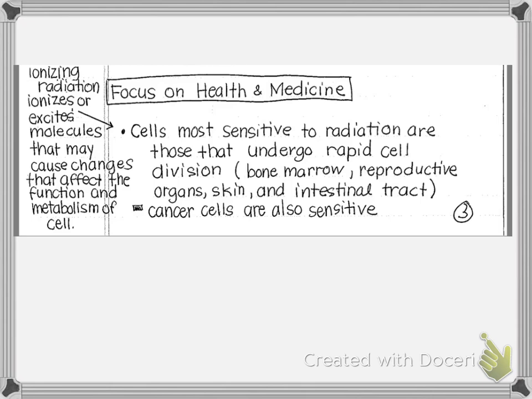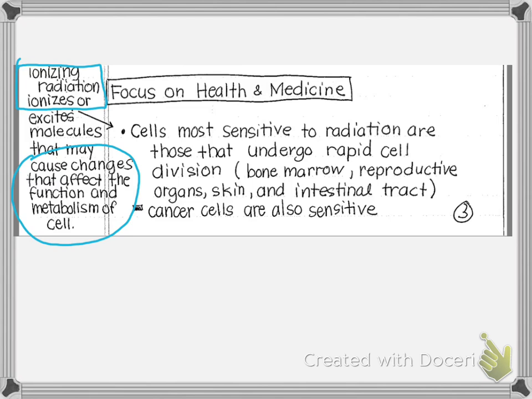Now, I mentioned this previously, but one of the reasons we have concern over radiation exposure is because radiation is what is called ionizing radiation. And so ionizing radiation ionizes or excites molecules that can cause changes that affect the function and the metabolism of the cells.